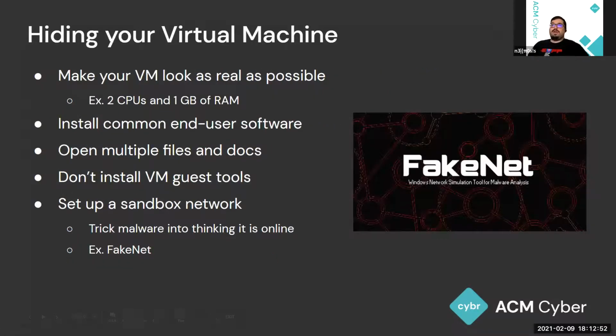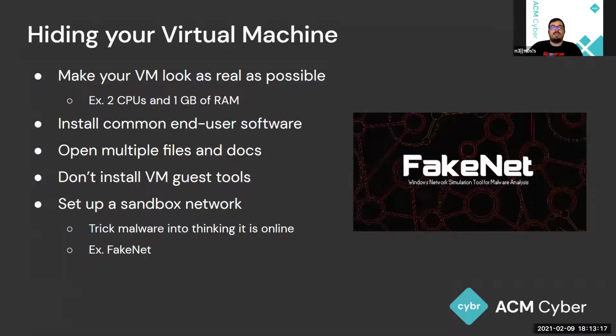So how do you hide your virtual machine? The defense against these tactics is to make it look as real as possible. So don't give it the lowest amount of specifications. Don't give it one CPU or half a gig of RAM. You want to make it look as real as possible, so you give it multiple CPUs and multiple gigs.